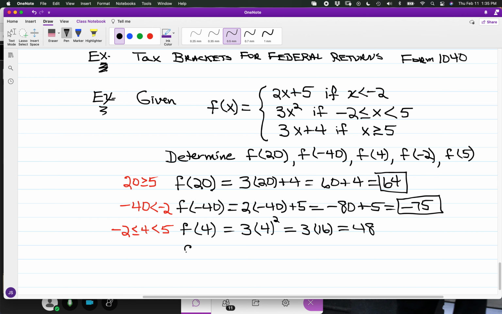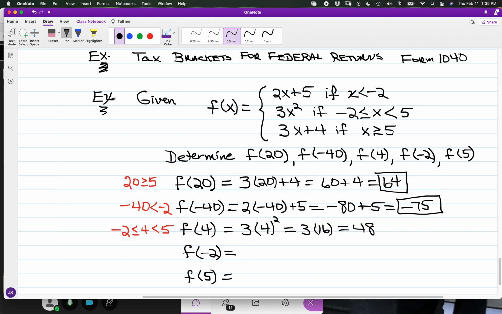Now, in the case of f of negative 2 and f of 5, those values are mentioned in the listings in terms of where they're going to apply. With negative 2, negative 2 cannot be less than itself, so the first inequality does not apply, and the 2x plus 5 is not even considered.